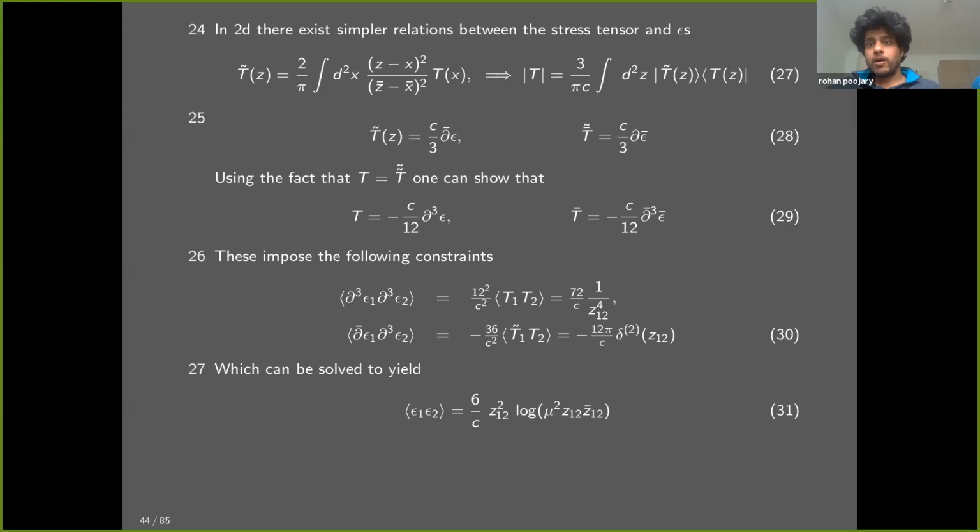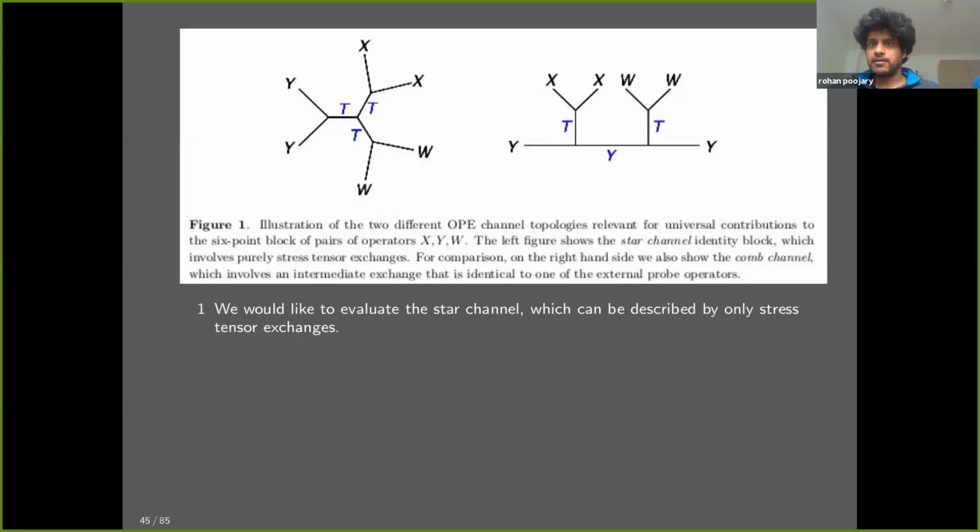Now what we want to compute is the star channel involving three light operators in 2D CFT. They combine in a manner in which they exchange the stress tensor. The star channel is basically just that. For example, on the left hand side you can see the star channel as against the comb channel, where the intermediate exchange is some kind of light primary and not the stress tensor.